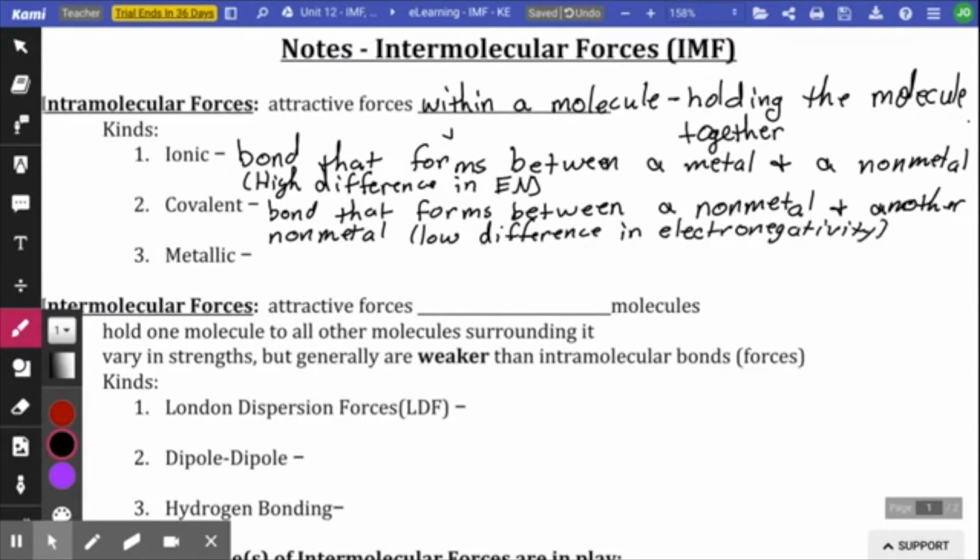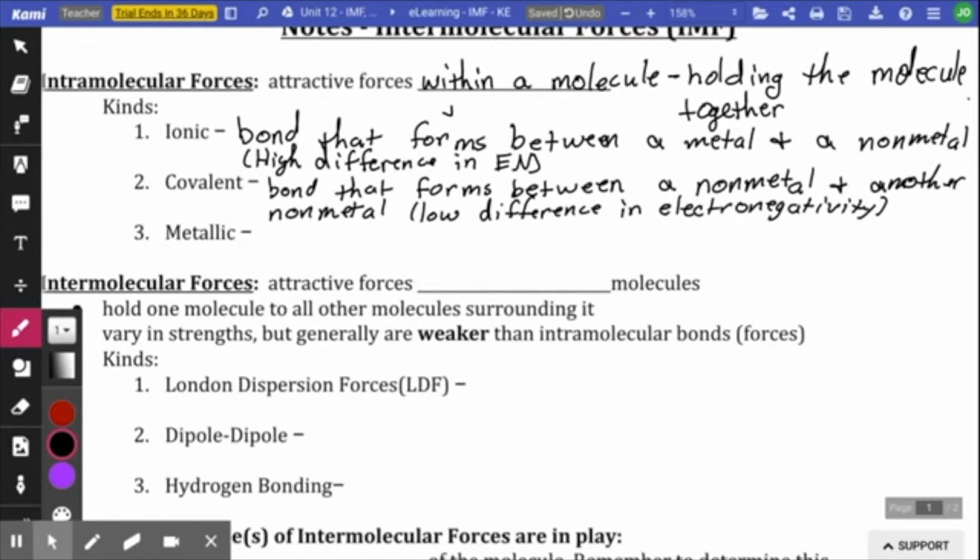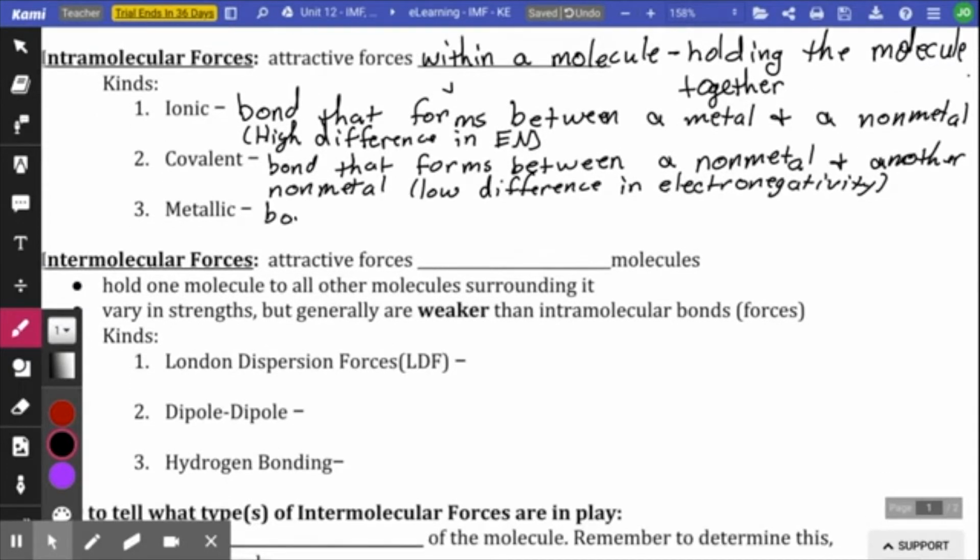Lastly, we've got our metallic bonds. That's exactly what it sounds like, bonds that form between metals. Remember with your metallic bonds, that's going to be a sea of electrons.